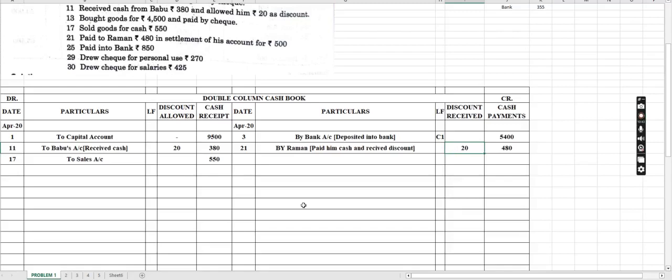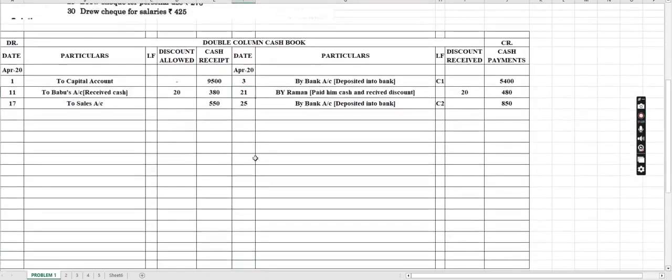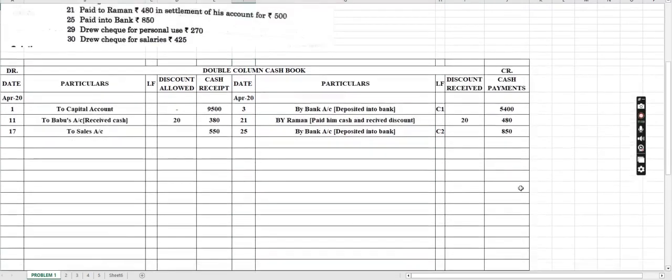Paid into bank. Now we have paid the amount into the bank again, the same as the above one. On 25th, cash is reducing in our hand, rupees 850. By bank, we have deposited into bank account. Here contra entry 2. On 25th, in our hand, cash is reducing.